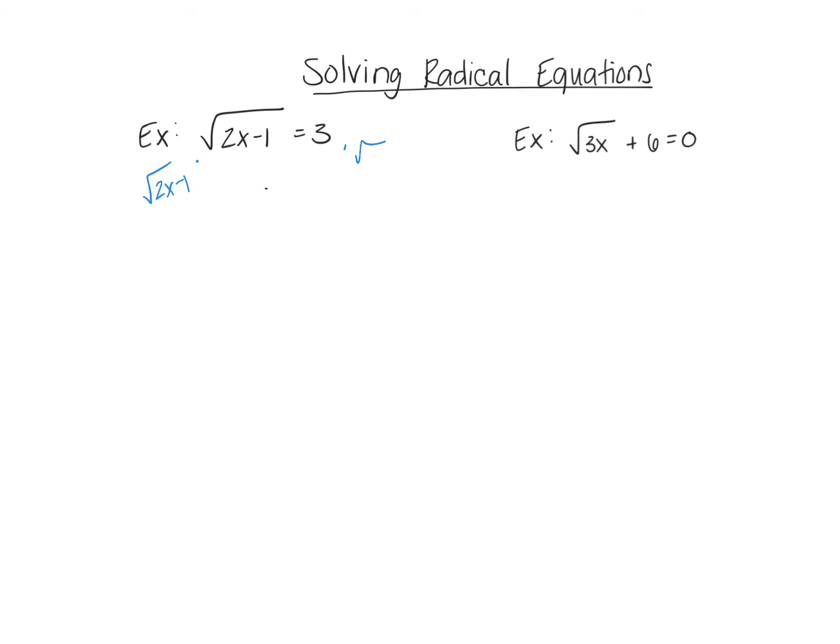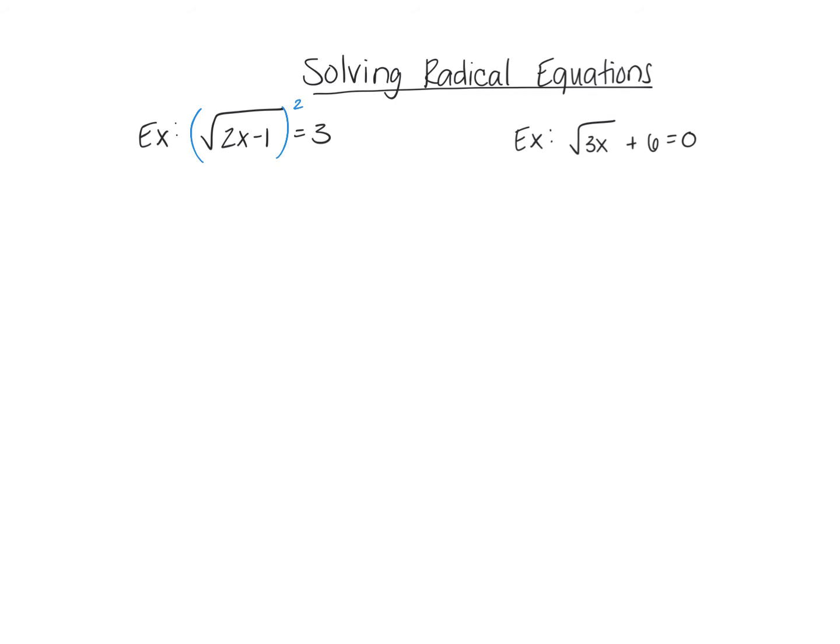But the minute that you multiply the right side also by the square root of 2x minus 1, what you'll find is that you are eliminating one radical just to introduce another one. So squaring both sides is going to be our best bet as far as solving this.